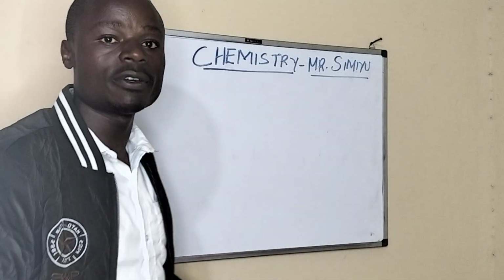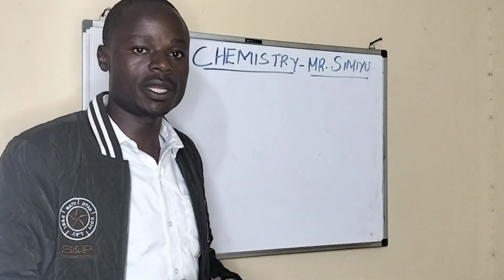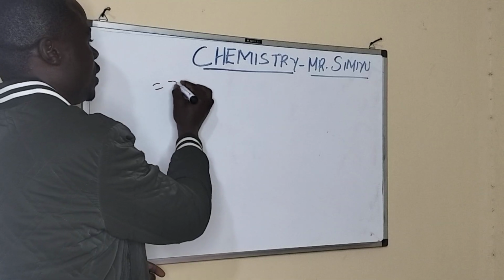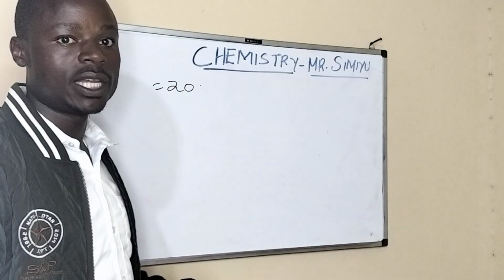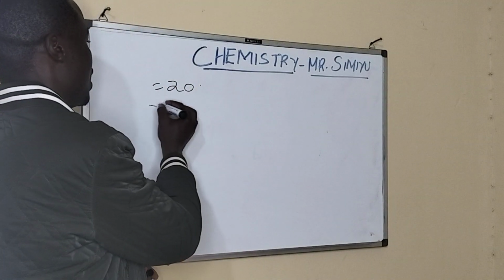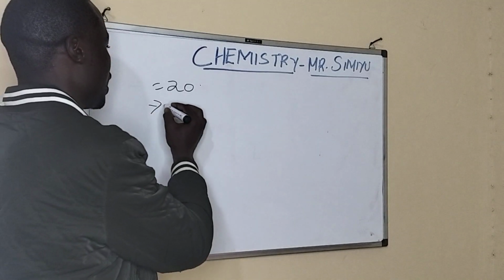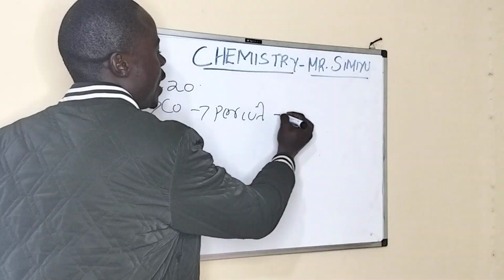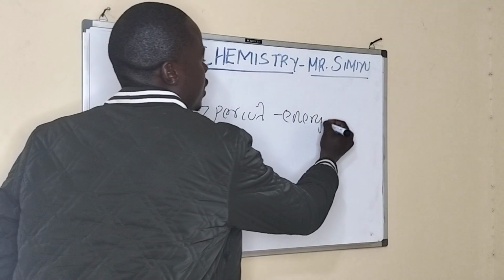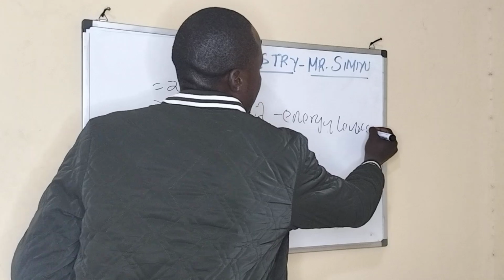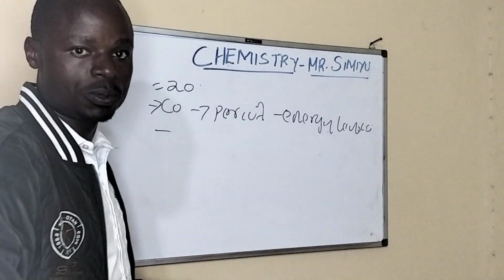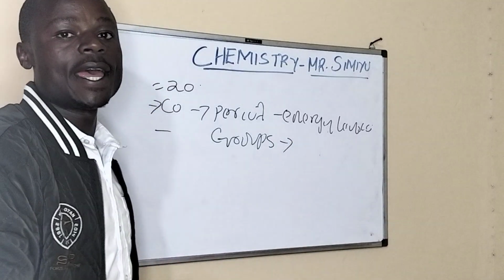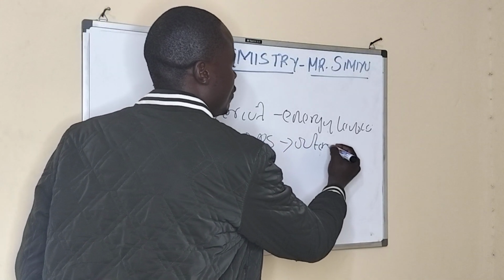So we have 118 elements, but at our level, we are only going to look at 20 elements. Those 20 elements have been arranged, number one, depending on the periods or energy levels that they have. In groups, they have been arranged because of the outermost energy level electrons.